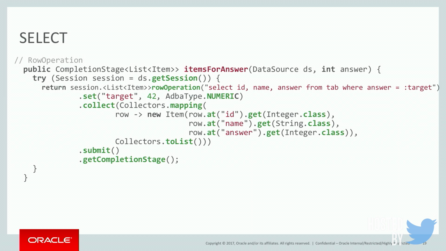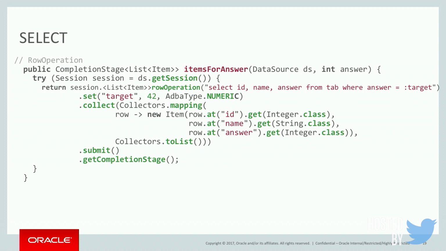We're going to build a new item by getting the ID, the name, and the answer from the row. From the row, we recover the different values, and then we build the item. Once we build the item, we stuff this into a list. We invoke another collector to produce a list of items. So that's what will be returned.